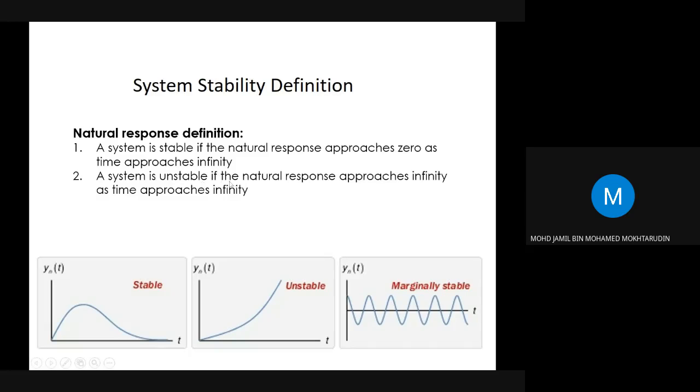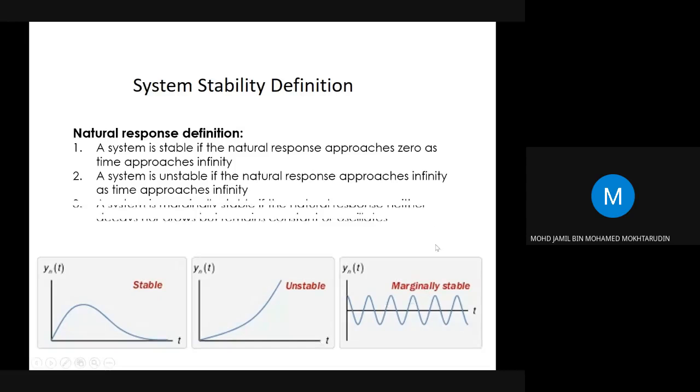And the system is unstable if the natural response approaches infinity as the time approaches infinity. The second figure here shows an unstable system because the response is increasing as the time approaches infinity.